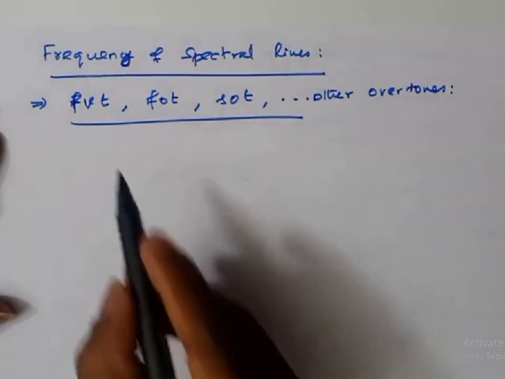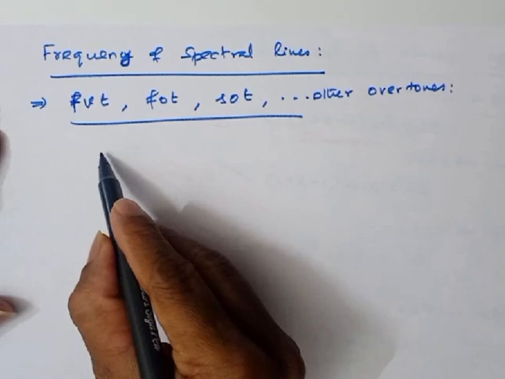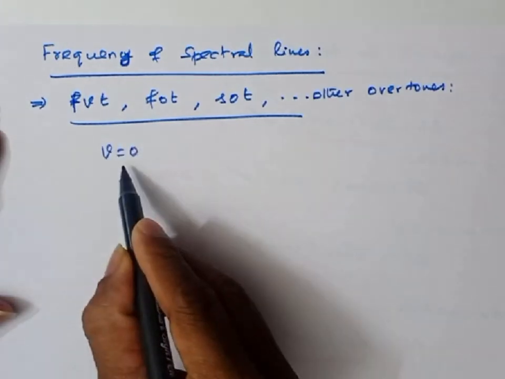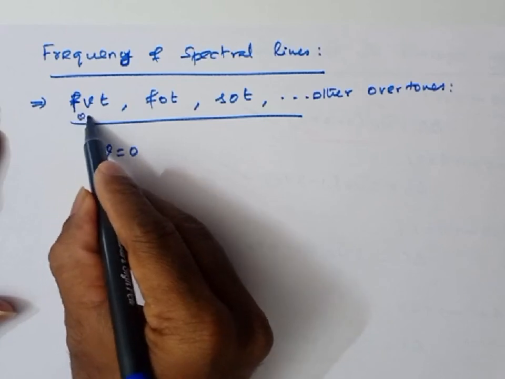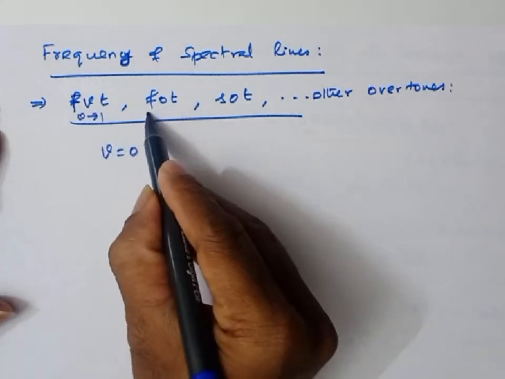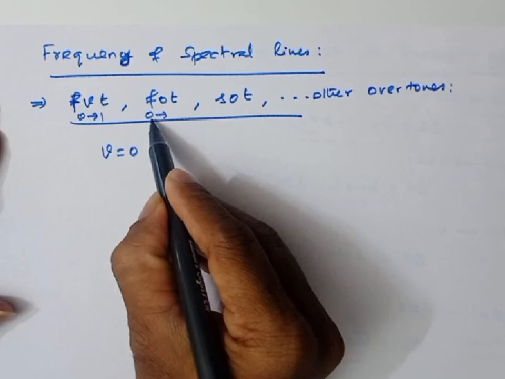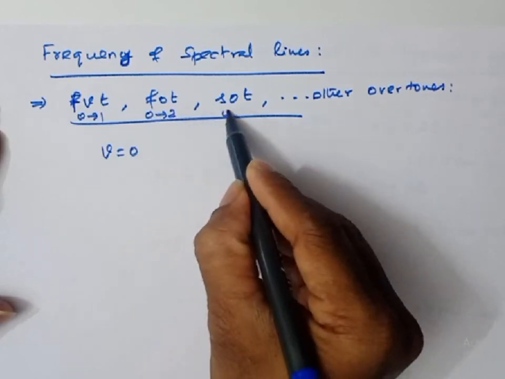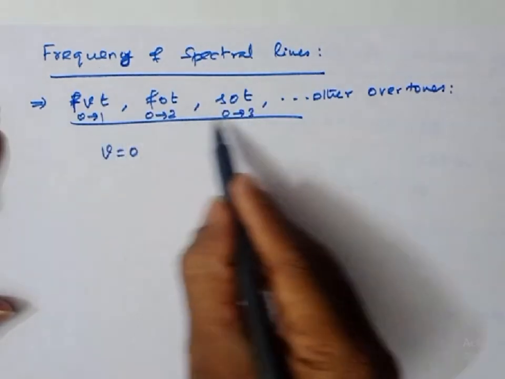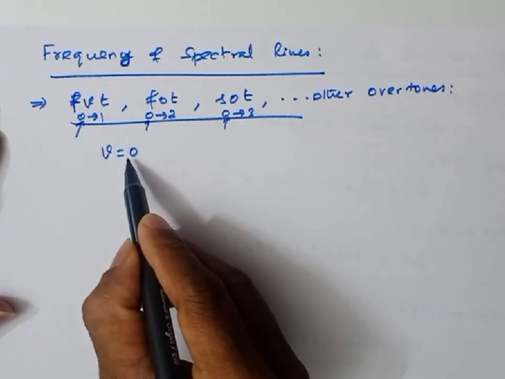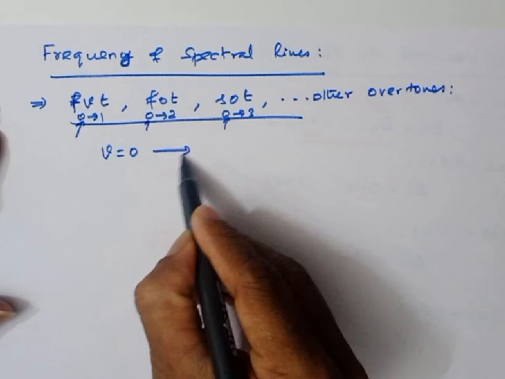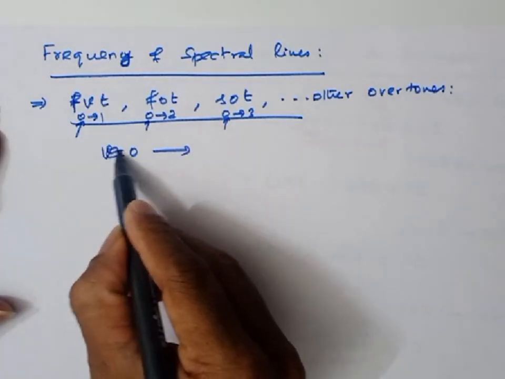See, for these transitions, the lowest vibrational number should be 0, correct? For the fundamental, the transition occurs from 0 to 1. For the first overtone, the transition occurs from 0 to 2, and here 0 to 3. So in all these transitions, the initial vibrational state is 0. And what about the final vibrational state?